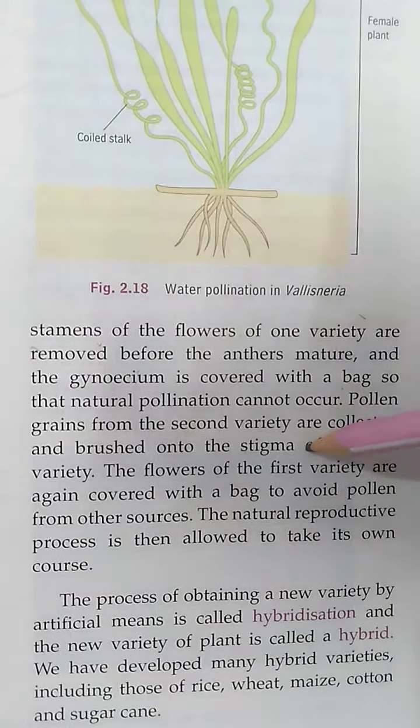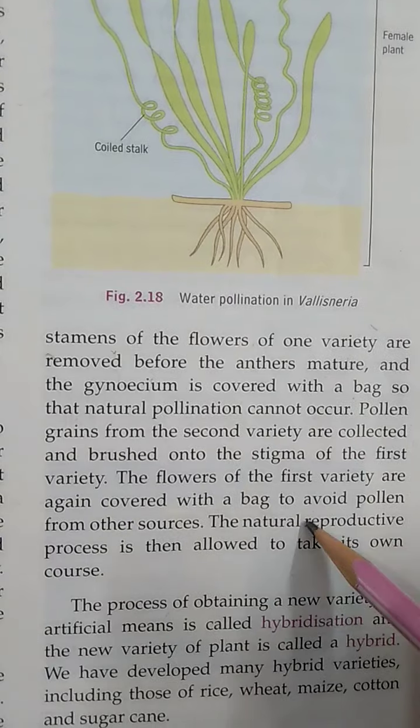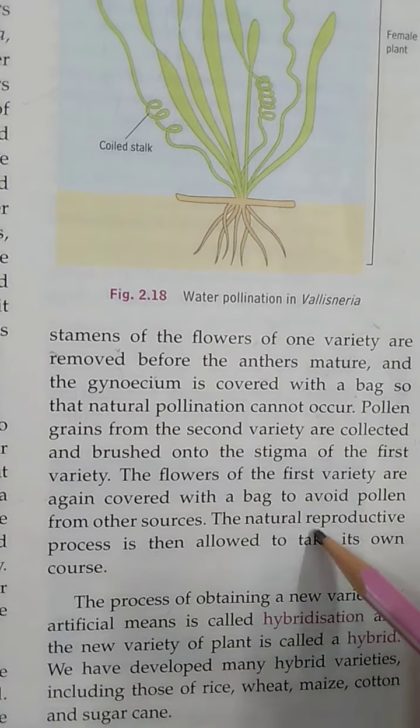So after this process of pollination, we get a new variety by artificial means. This process of obtaining a new variety by artificial means is called hybridization. So it is a very important process. What is hybridization? Hybridization means the process of obtaining a new variety by artificial means. Here, students, we have done the pollination, but it is not occurring naturally. It is done artificially, which means it is man-made pollination.